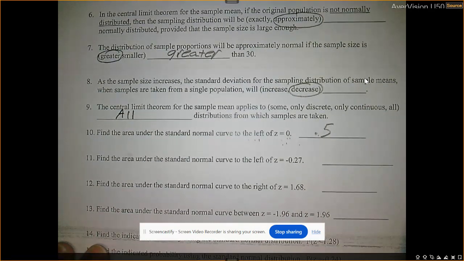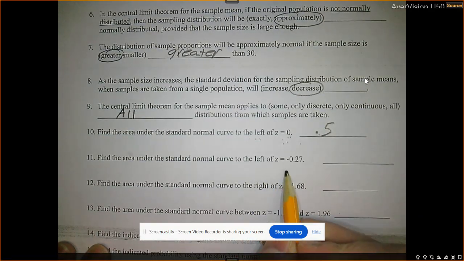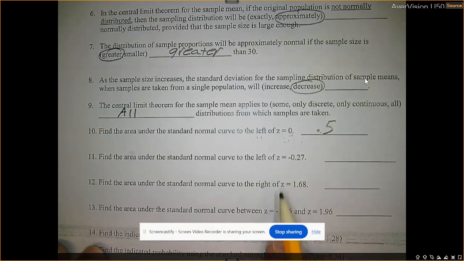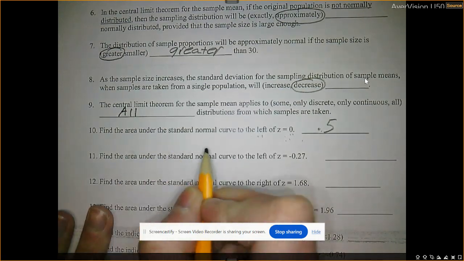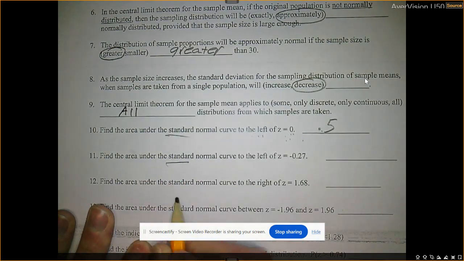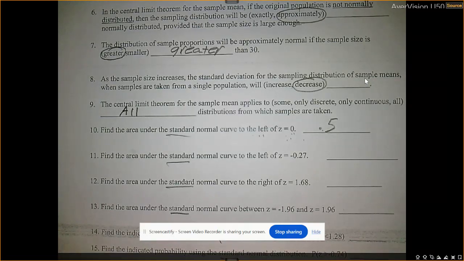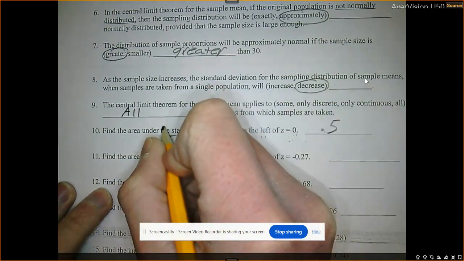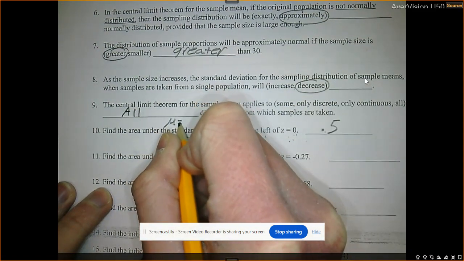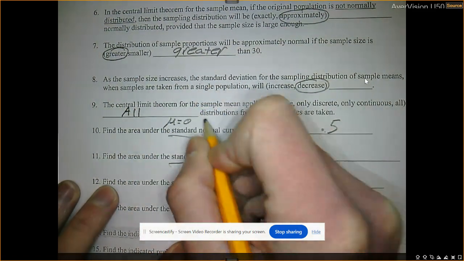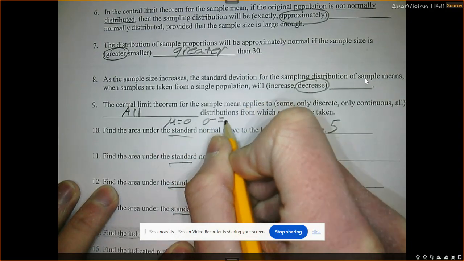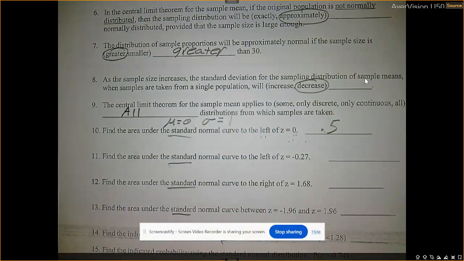Okay, find the area under the standard normal curve to the left of z equals negative 0.27. Okay, for all of these, notice they're standard normal curves. So when that's the case, that means mu, and I'm just going to say it once, I'm not going to say it for all of these, but it means mu is 0, your mean is 0, and your standard deviation is 1 for all of these.